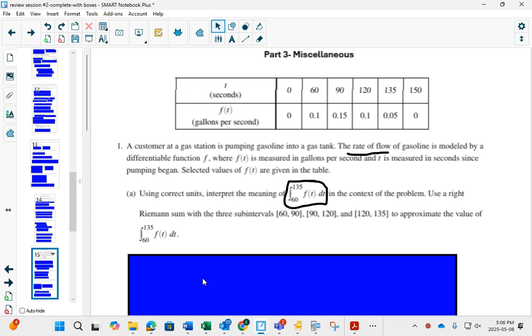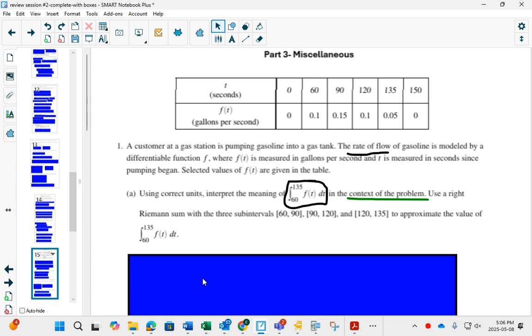Using correct units, interpret the meaning of the integral from 60 to 135 of f of t dt in the context of the problem. Okay? So you have to make sure that you're using gas and gallons and talk about the context of the problem when you write your answer. You can't just say, this is a definite integral going from 60 to 135 of the function f. That's saying what the symbols mean, but not in the context of the problem.